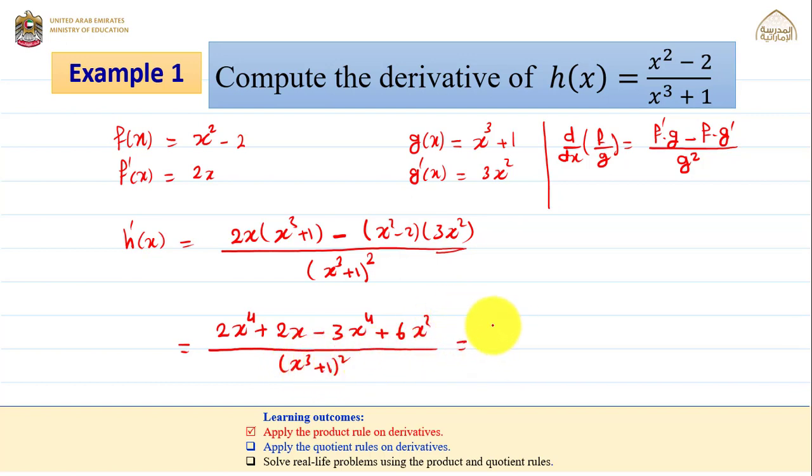Simplify again: we have 2x to the power 4 minus 3x to the power 4 equals negative x to the power 4, plus 6x to the power 2 plus 2x, over x to the power 3 plus 1 to the power 2.